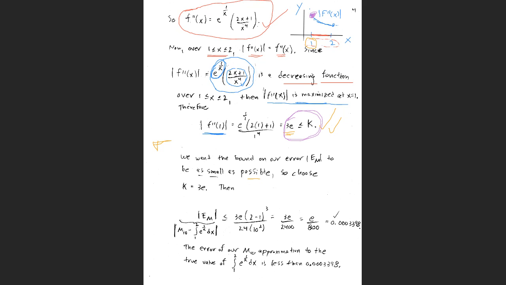So pick k to be as small as possible. Let k equal 3e, and now you're able to compute your error bound.